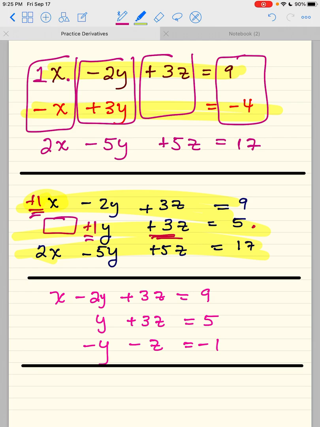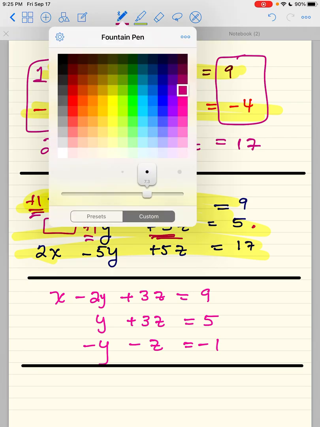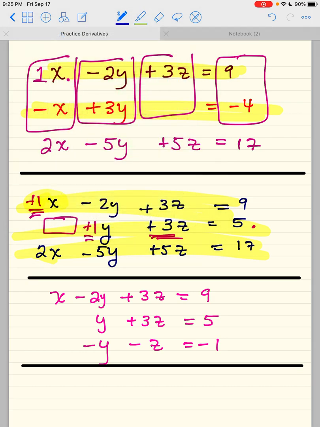So what does that mean? Remember, since you are changing the third equation, don't touch the first, even though you're multiplying it. So you're going to multiply this by negative 2. This becomes a positive 4. This becomes a negative 6. And this becomes a negative 18. Okay? But we're not touching that.